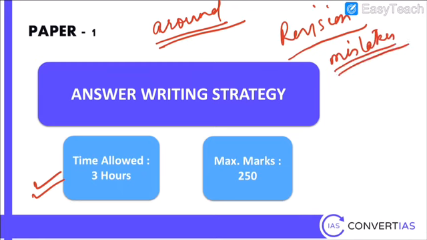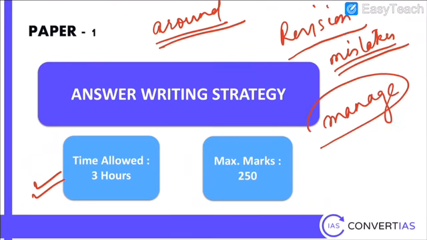That is why it is important to manage time in the examination. Manage time means you decide how much time you are going to devote to each question and then there should be some time left so that you can revise also.